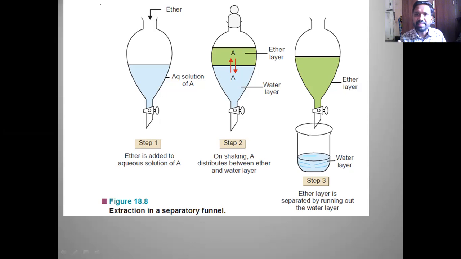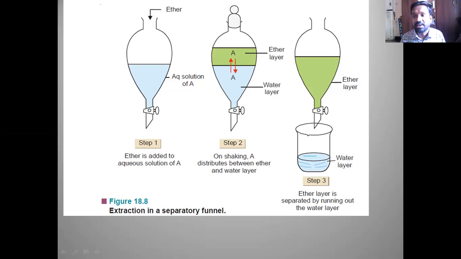And now you put an ether layer, shake, agitate, and then what happens to the benzoic acid? Where does it go? It goes into the ether layer also, is it not? And if the distribution constant favors solubilization of benzoic acid more in the ether layer, the benzoic acid distributes more in the ether layer than in water.